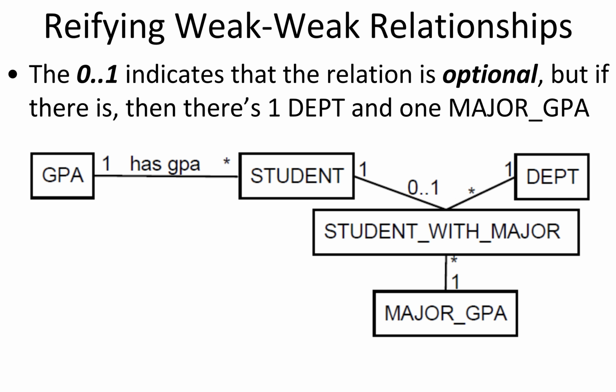So the way we could achieve this is to reify, put a mapping table in between so that the whole thing is optional. You either have a record that tells you what the department is and what the major GPA is, or you don't have a record and there is no department and there is no GPA either. So this would enforce the optionality of both.